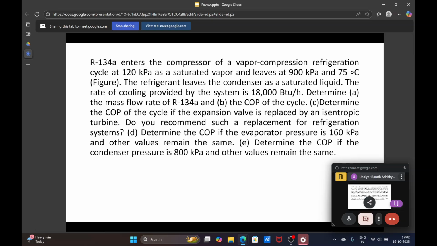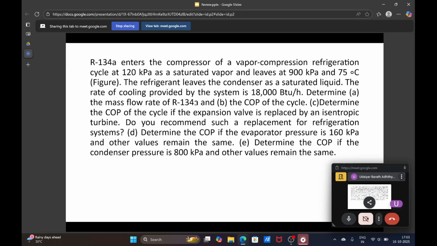So you have isentropic compression, reversible adiabatic compression, and then an isobaric heat rejection. Then there is expansion in a valve, which is a constant enthalpy or isenthalpic process, and then constant pressure heat addition. So this is your vapor compression cycle.